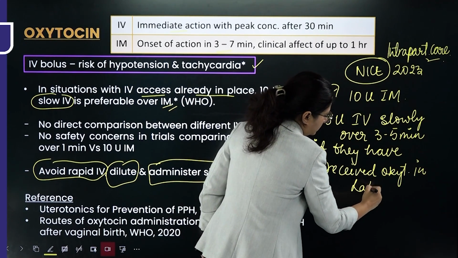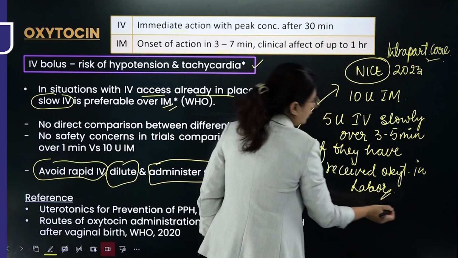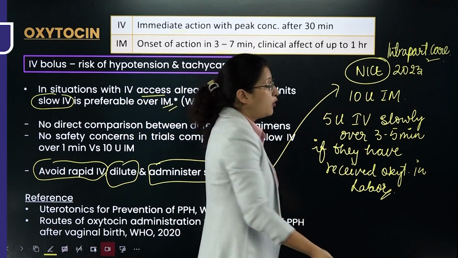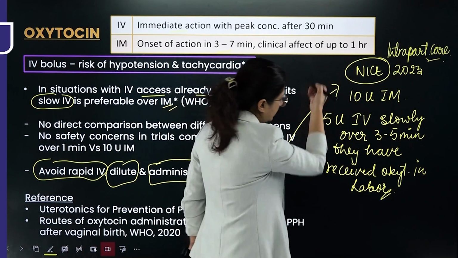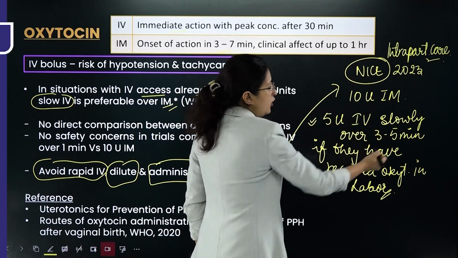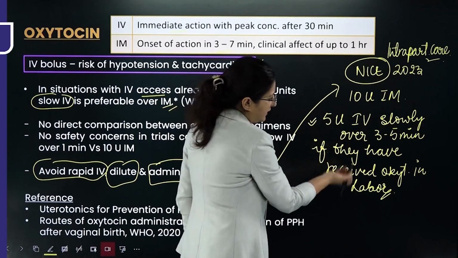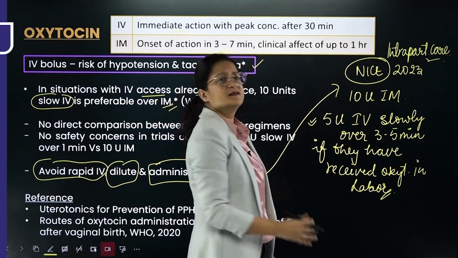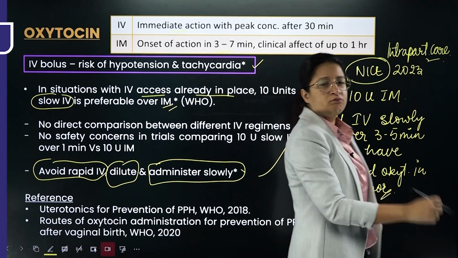Okay, so they were already getting oxytocin, they were already on an infusion, the IV line is already in place. So they are saying give 5 units IV slowly over 3 to 5 minutes if they have received oxytocin, and this seems like a reasonable approach, right?